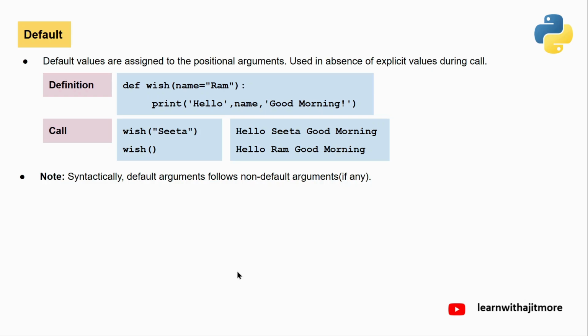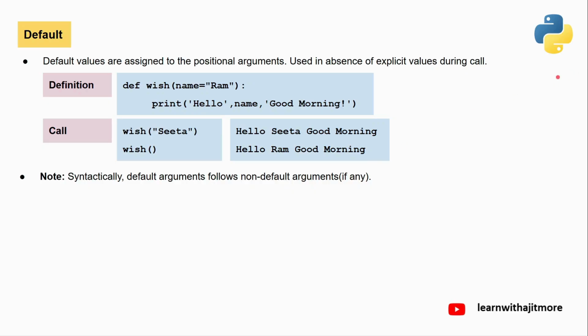Understanding? Okay? And the rule is: whenever you give a default value to a parameter, if you give any default to any parameter, then all the remaining ones should also have defaults. Syntactically, default arguments follow non-default arguments.